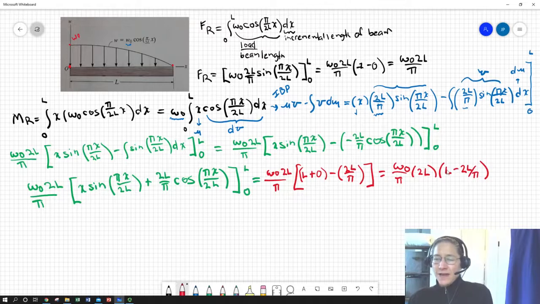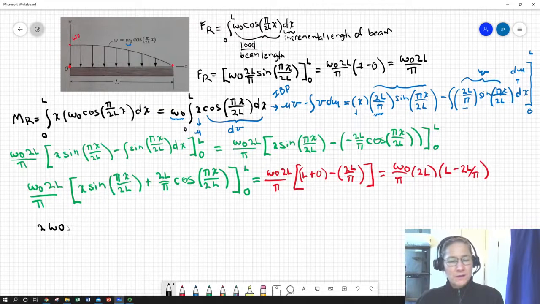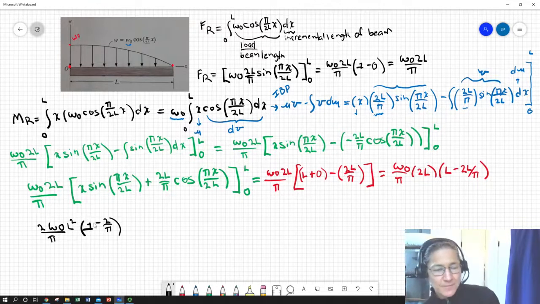We can factor out an L. And we'll change color again. So we can say 2 W0 L squared over pi times 1 minus 2 over pi, and that's about as good as we're going to get.